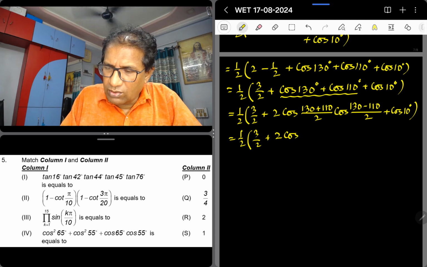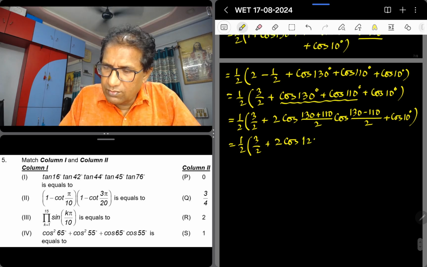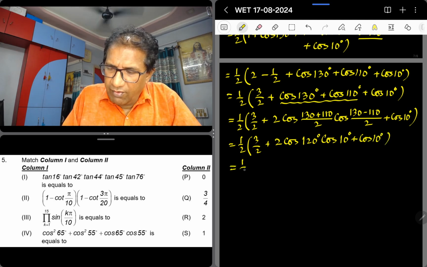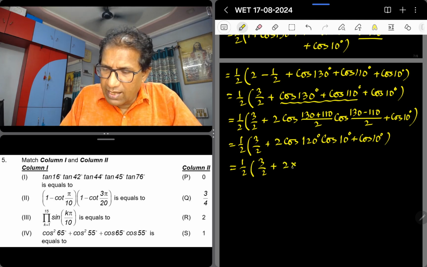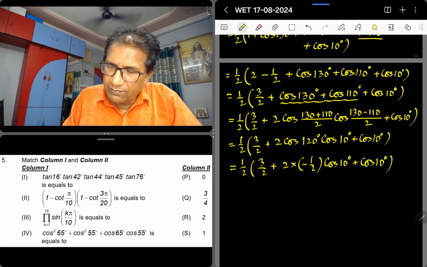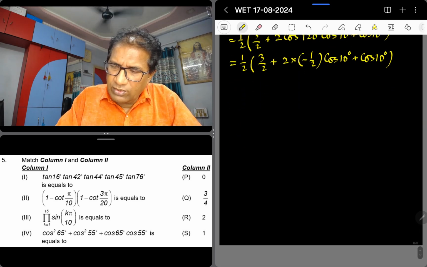plus cos 10 degrees there. So this is 2 cos, and we all know that cos 120 degrees is minus half. So it will be 2 times minus half cos 10 degrees plus cos 10 degrees. So this 2 and 2 will go off.